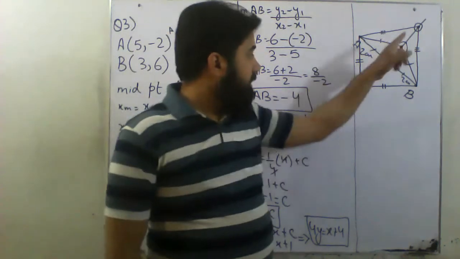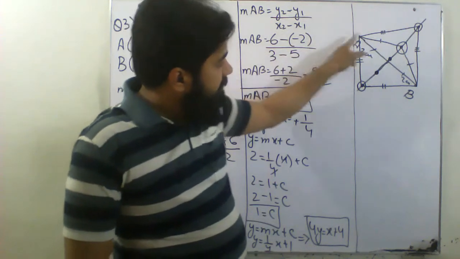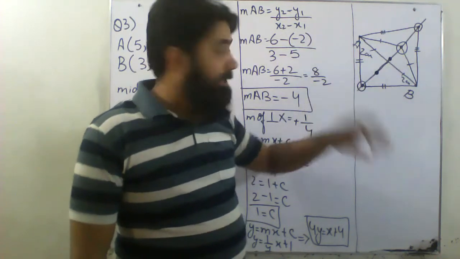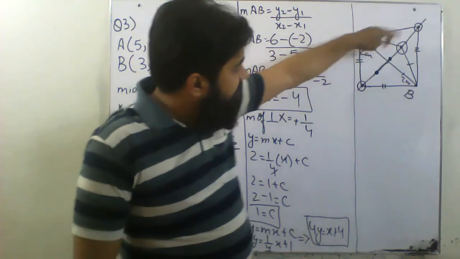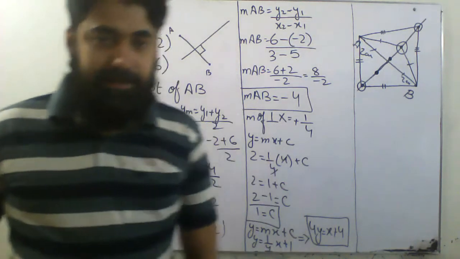See, these points are equidistant from A and B. It means all of these points will be lying on the perpendicular bisector.